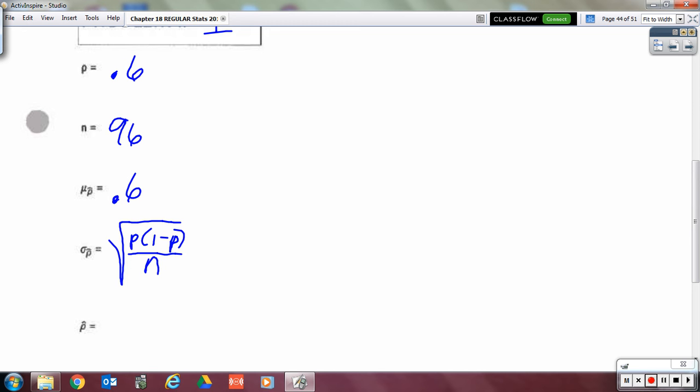Okay? And so let's make sure that we fill in the correct numbers on this. It's the square root of what p goes in there? 0.6 or 0.7? The population p, the 0.6. So it's the 0.6 times the 0.4 over n, which is 96. And finally, I have a space there for the p hat. Let's look at the problem.